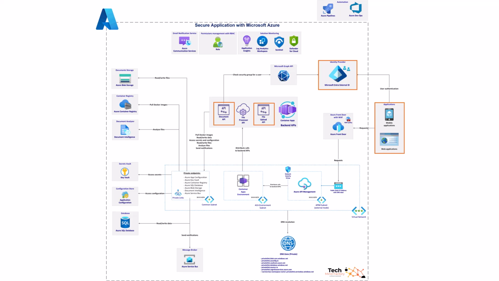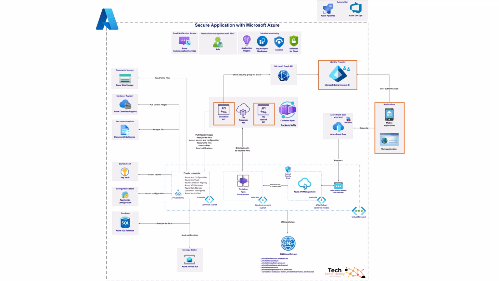As we can see on the right side, there are different kinds of applications, mobile applications, web applications. In our case, this is a Blazor web application, and this application is secured with Microsoft Entra External ID, so with this identity provider. And also, there are two APIs hosted using Azure Container Apps, Document API and File Upload API.